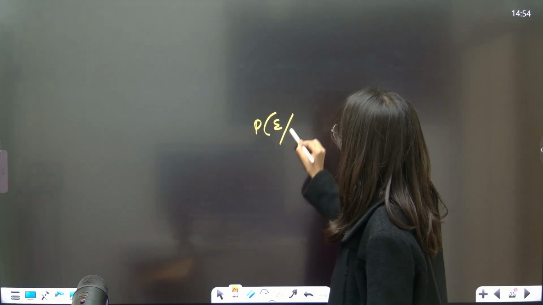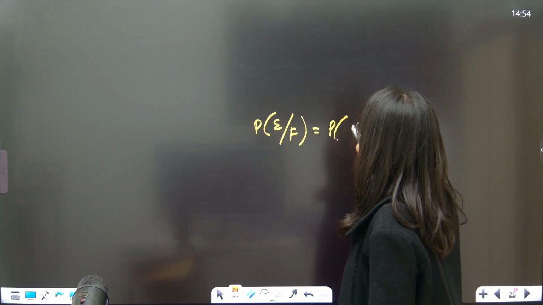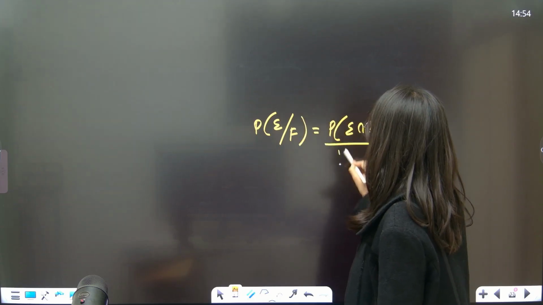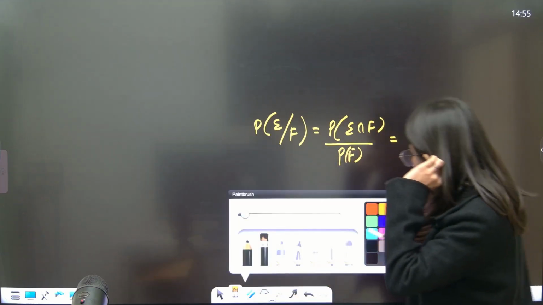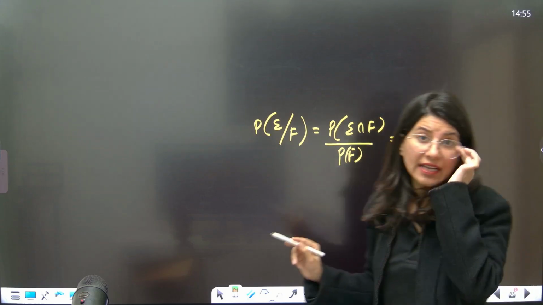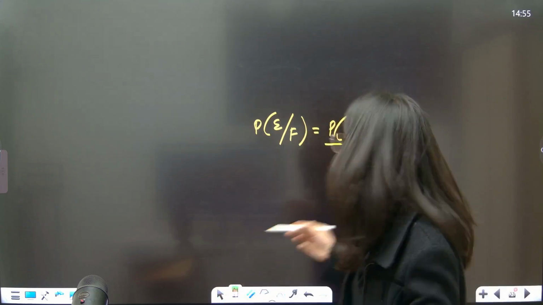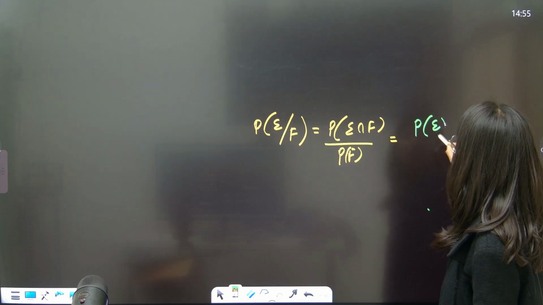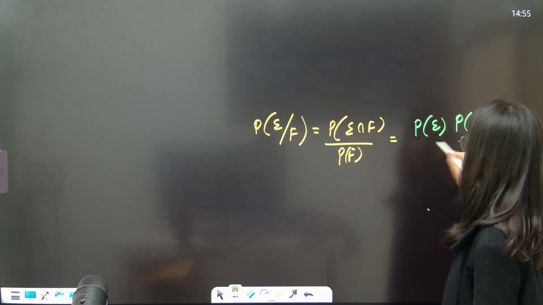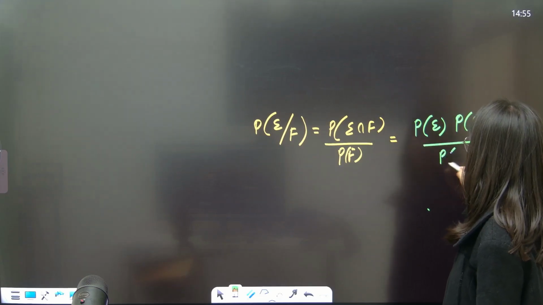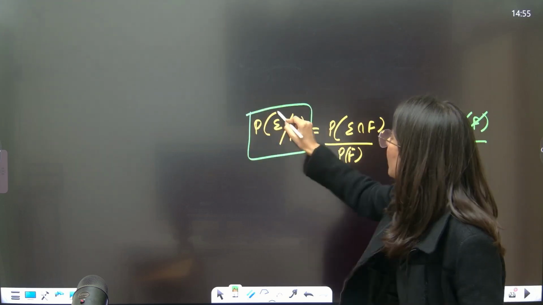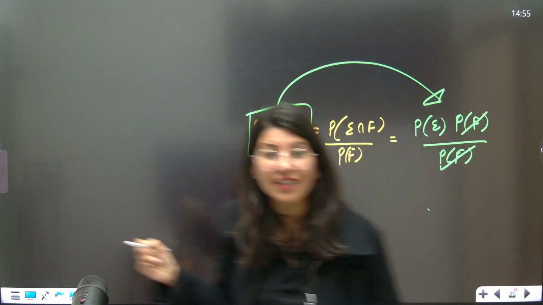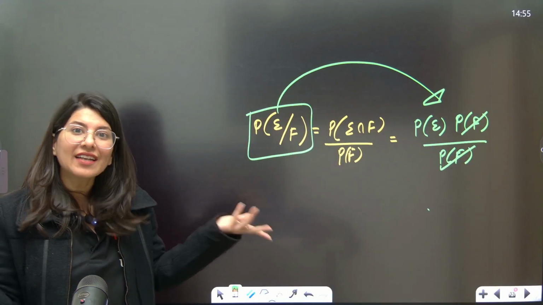Now just tell me one thing, the probability of E given that F has already occurred is what? Probability of E intersection F upon probability of F. You all know this? Yes ma'am, definitely. This is very important. Now what if I tell you E and F are independent events? Then the probability of E times the probability of F upon the probability of F. So the F cancels. So the probability of E given that F has already occurred is nothing but the probability of E. And if you apply your common sense, that is true.